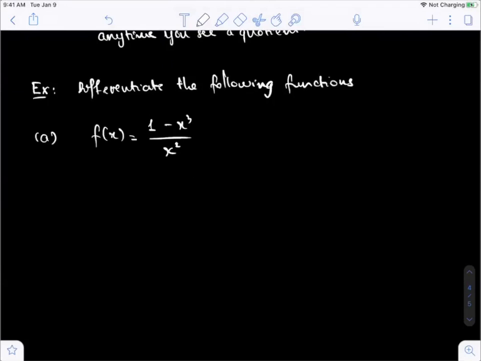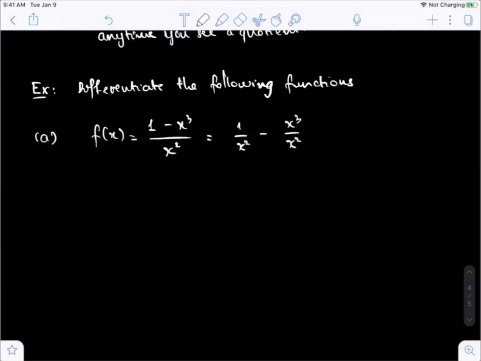You may, but you don't have to all the time. What I can do from here is, I see this is a big fraction, and I can separate it into smaller fractions. So I can rewrite this fraction as 1 over x squared minus x cubed over x squared. Any questions here? Because they have the same denominator, that's why I can do that.